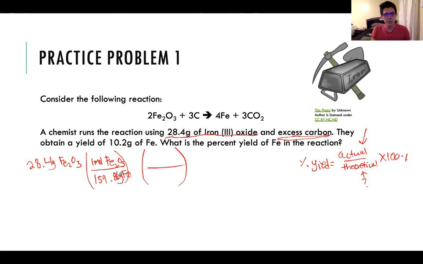Okay, so now we're no longer in grams, we're in moles of iron oxide. Now we need to get into moles of iron, and we're going to use our molar ratios to do that. So we know that for every 2 moles of iron oxide, 4 moles of iron are produced.